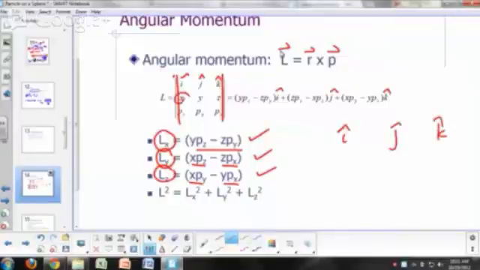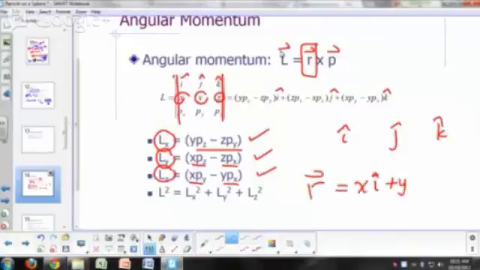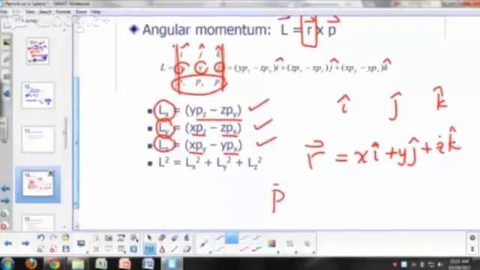In the second row, you list the components along the x, y, and z axis of the first vector, in this case your r vector. So what we're saying here is your r vector is x i hat plus y j hat plus z k hat. And in the third row of your determinant, you list the components of your linear momentum vector, your second vector.